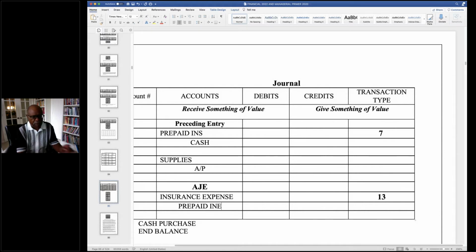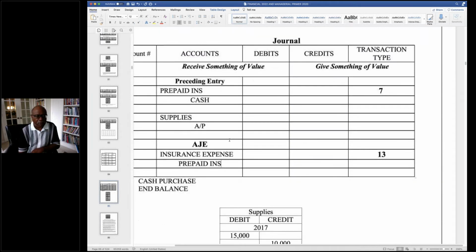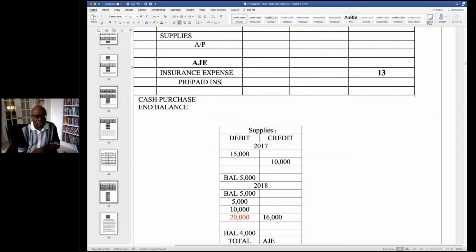So the setup was kind of similar. So we may need to make this prepaid insurance.